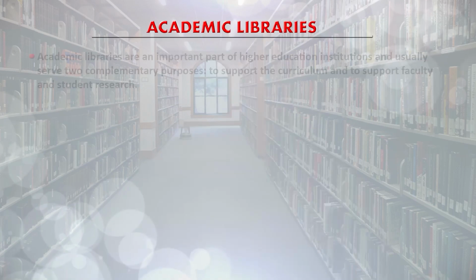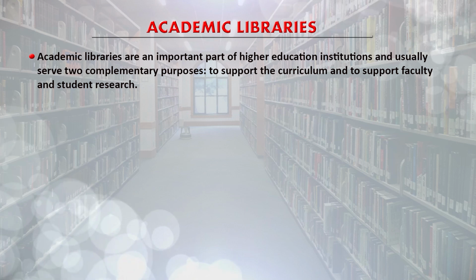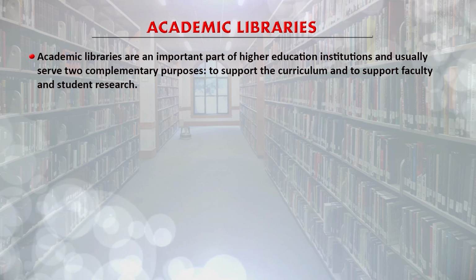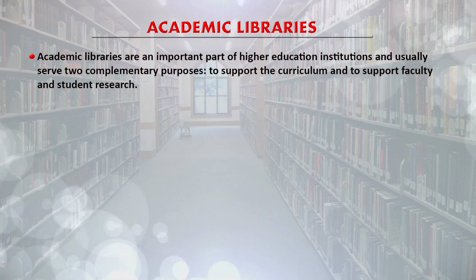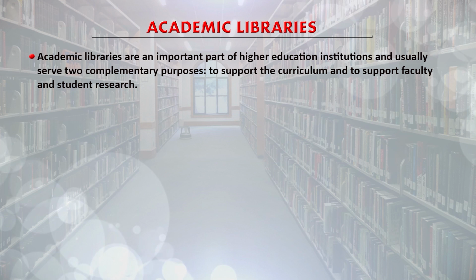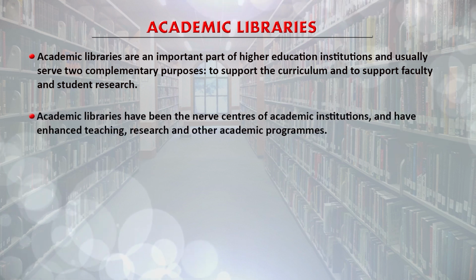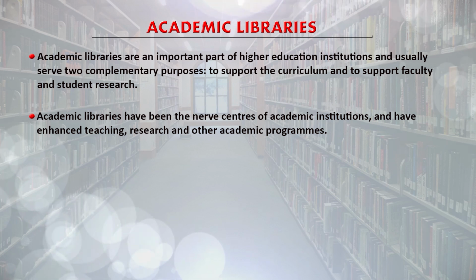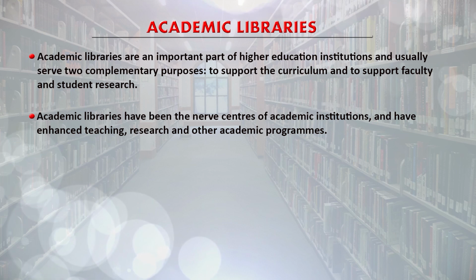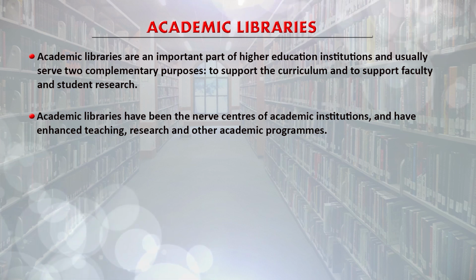So, coming to academic libraries, these are an important part of higher education institutions and usually serve two complementary purposes: to support the curriculum and to support faculty and students' research. Academic libraries have been the nerve centers of academic institutions and have enhanced teaching, research and other academic programs of the institution.